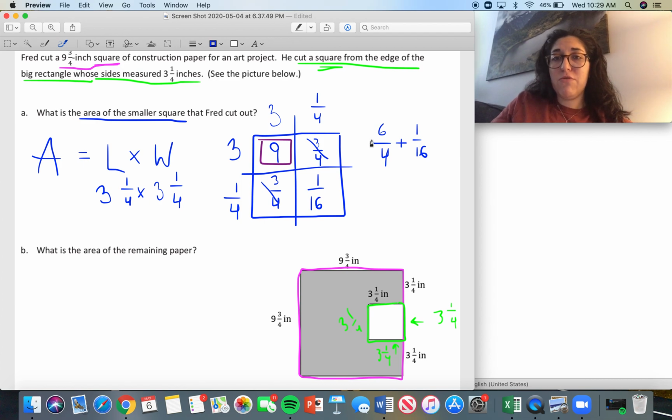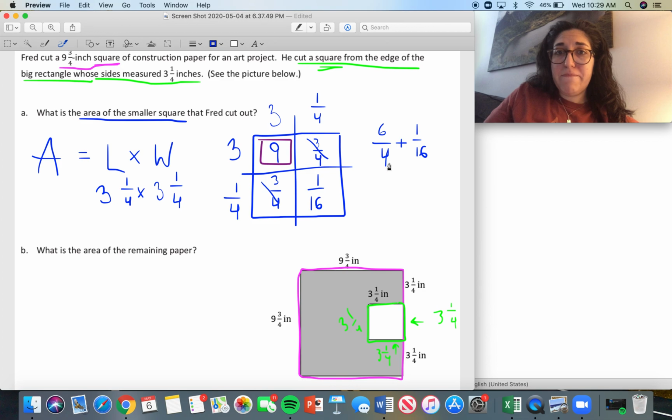So remember, denominator is how much I cut it into. So if I have something that's cut into fourths, how can I make it so that it's now cut into something that's 16ths? Well, I'm thinking I can go 4, 8, 12, 16. So I'd have to make 4 cuts, right? So I'm going to multiply it by 4. And remember, if I multiply the bottom by 4, I'm also multiplying the top by 4.